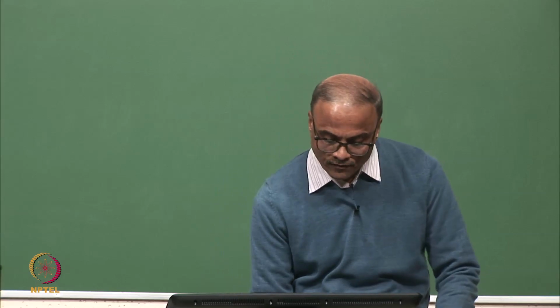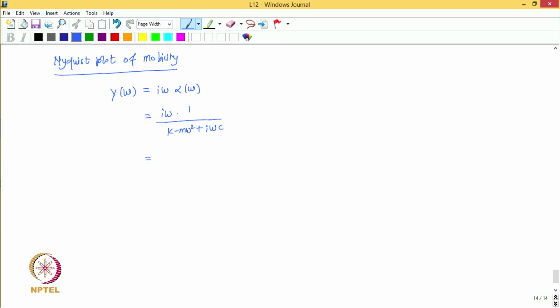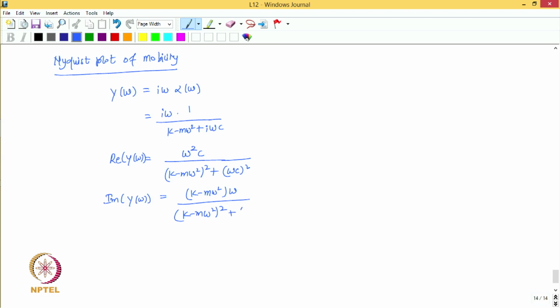If I multiply it by k minus m omega square minus i omega c and divide by the same quantity and then simplify, I can determine the real part of Y omega as omega square c upon k minus m omega square whole square plus omega c square, and the imaginary part as omega times k minus m omega square upon k minus m omega square whole square plus omega c square.